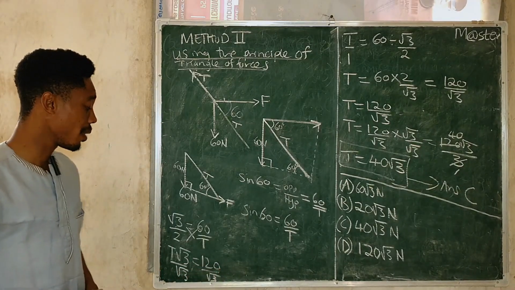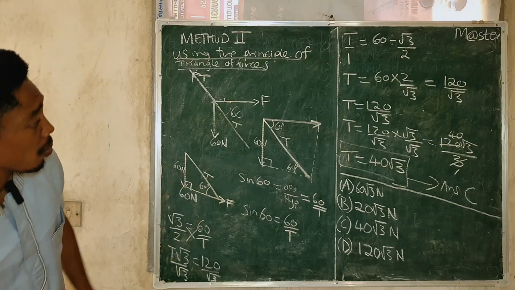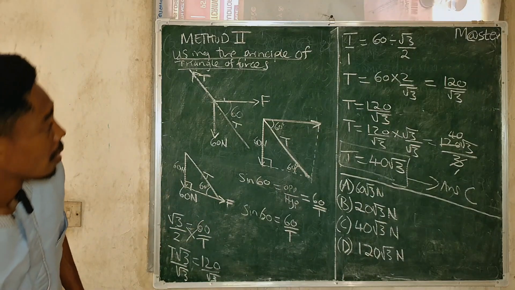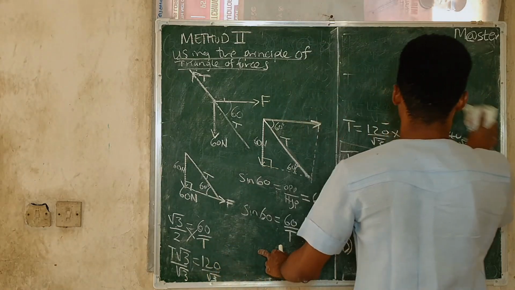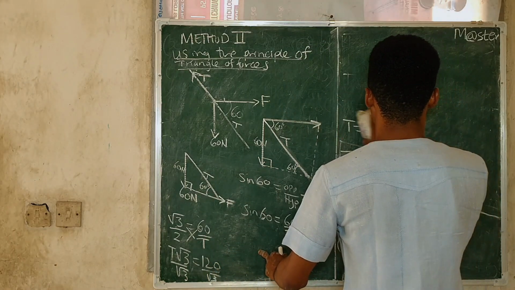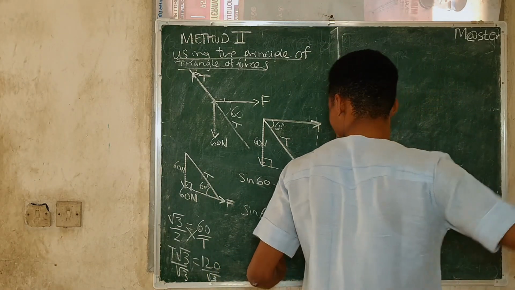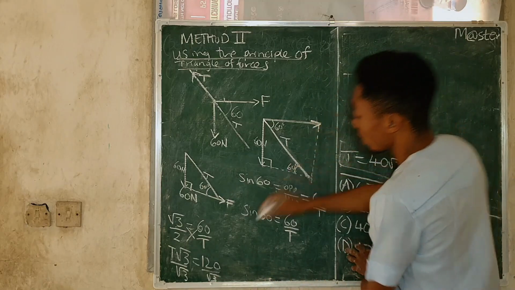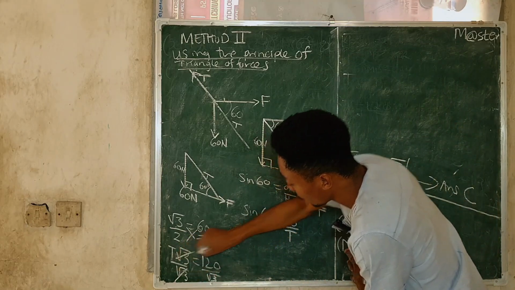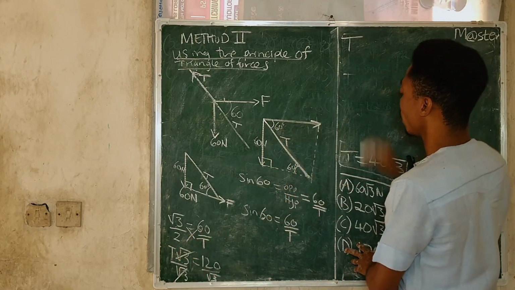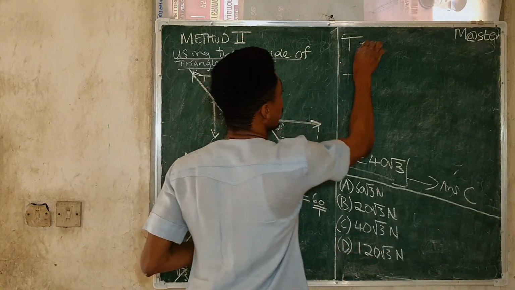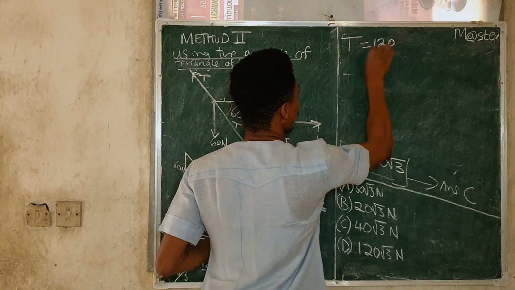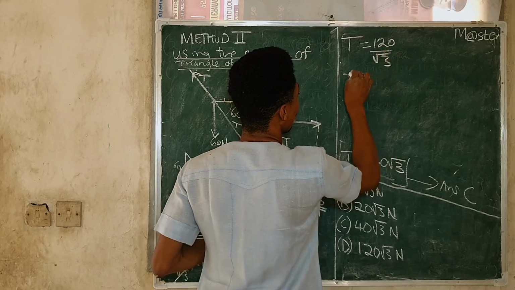Dividing both sides by root 3, root 3 cancels root 3 such that T equals 120 all over root 3.